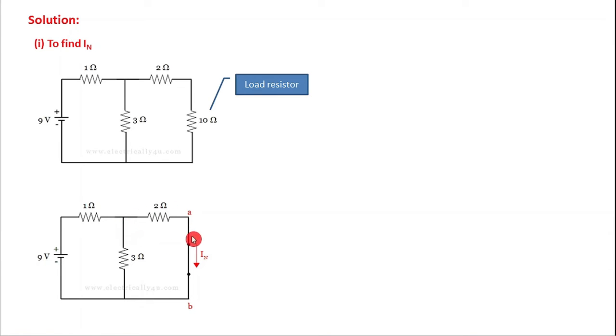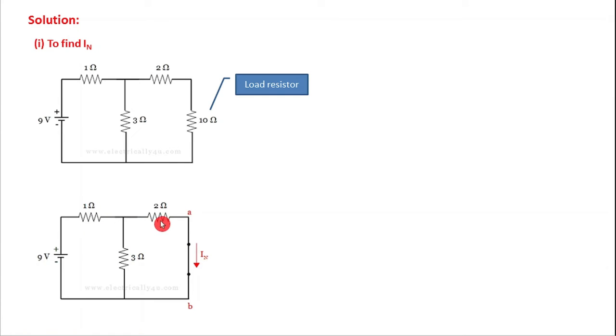So we can determine the current flowing through this 2 ohm resistor by using the current division rule. In order to apply the current division rule, we need to know the total current flowing from the supply. So to find out the total current, we have the voltage and we have the internal resistances. So find out the equivalent resistance first.